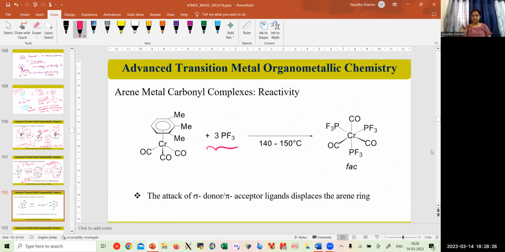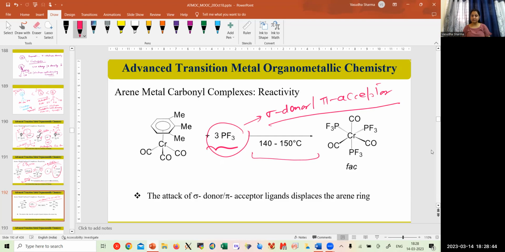Now we have to be very careful. Firstly, we need to see that this moiety is having a sigma donor pi acceptor capacity. So these form both kinds of interaction, sigma donor as well as pi acceptors. So this is a moiety, and when we have very elevated temperatures, these moieties which are having sigma and pi both, they displace or exchange with the arene moiety.